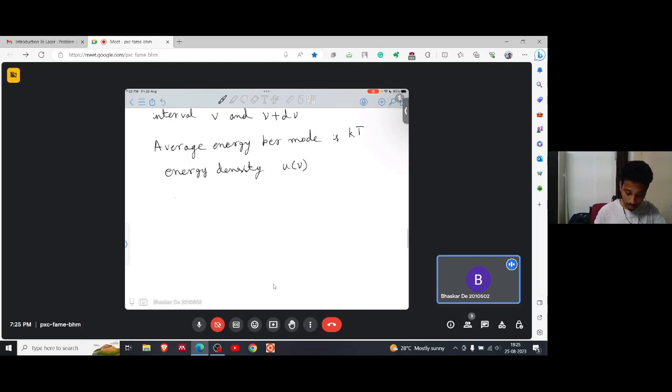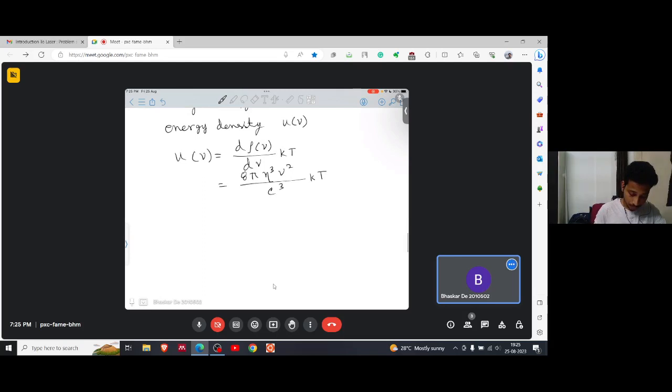So that will be u nu equal to d rho nu by d nu times kT, which is equal to 8 pi eta cube nu square by c cube times kT. This is known as the Rayleigh-Jeans formula.